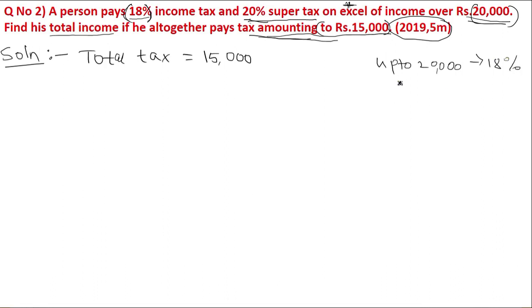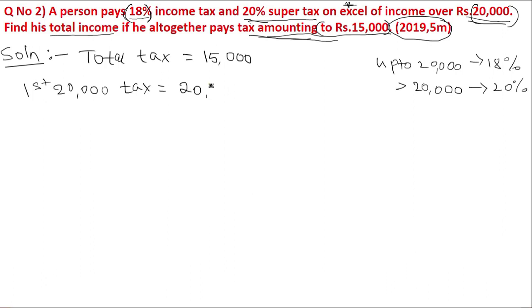Above 20,000, he is paying 20%. So up to 20,000, how much would you have paid? We'll just find out how much you would have paid. So first 20,000 tax.